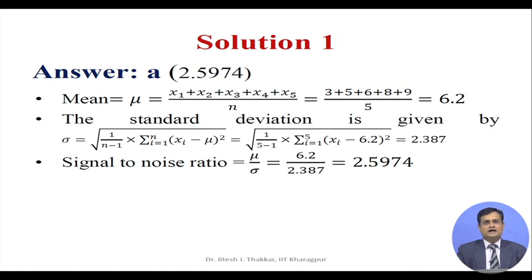So, you have the mean value, you have the dispersion or standard deviation, and if you take the ratio signal to noise, your variability is like a noise, then 6.2 divided by 2.387, so 2.5974 is the answer.